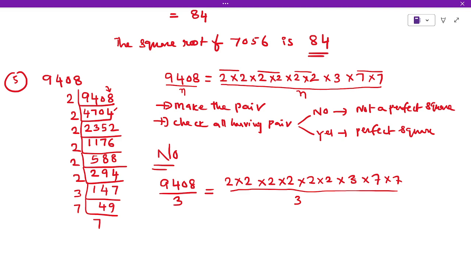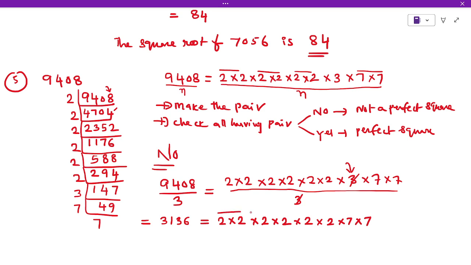Because it is the number without a pair. So I want to get rid of this 3. This 3 and 3 will get cancelled out. So this side is 3136. Therefore 3136 is the same as 2 into 2, 2 into 2, 2 into 2, 7 into 7.